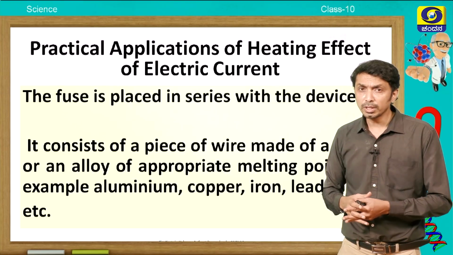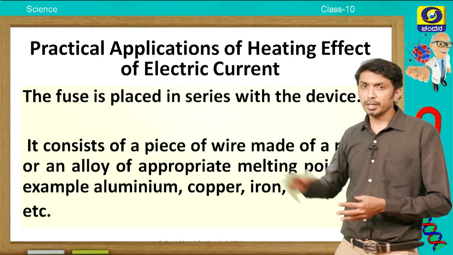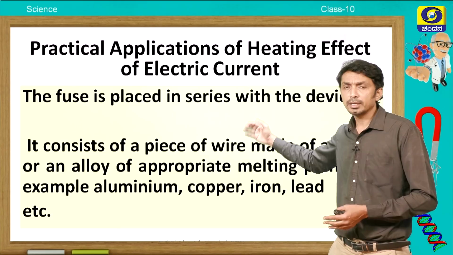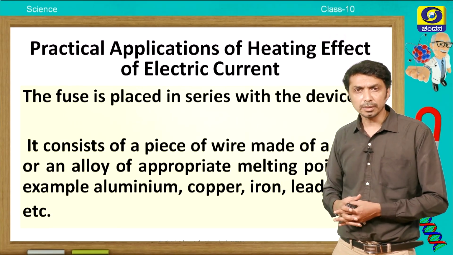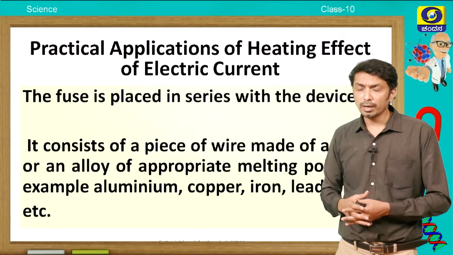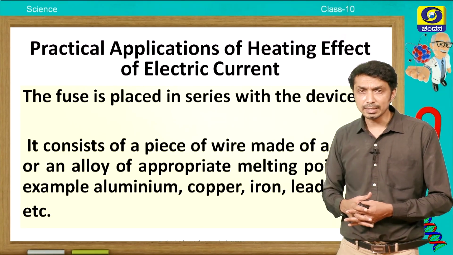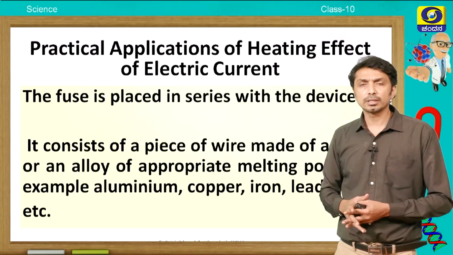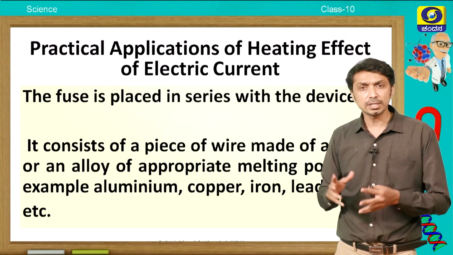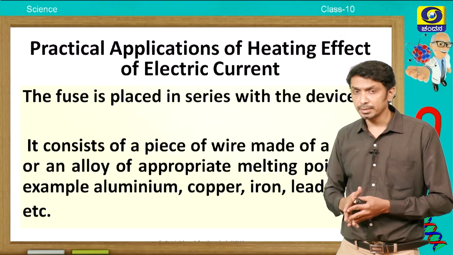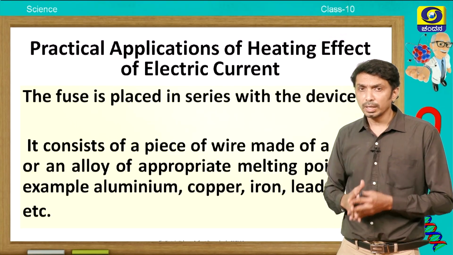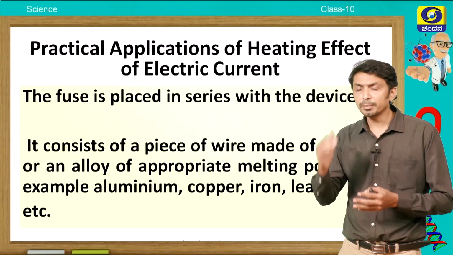And one more thing you need to remember here, in fuse the wire is made up of alloy, tin lead alloy. Why do they use alloys? Yes, one important property of alloys is they have higher resistances than metals. Also, these alloys have a lower melting point.